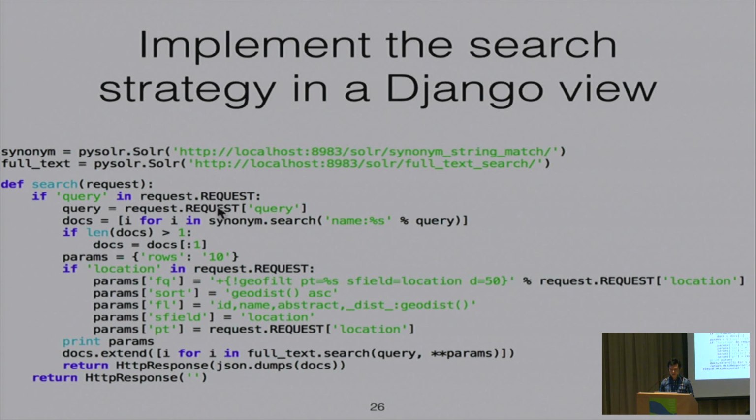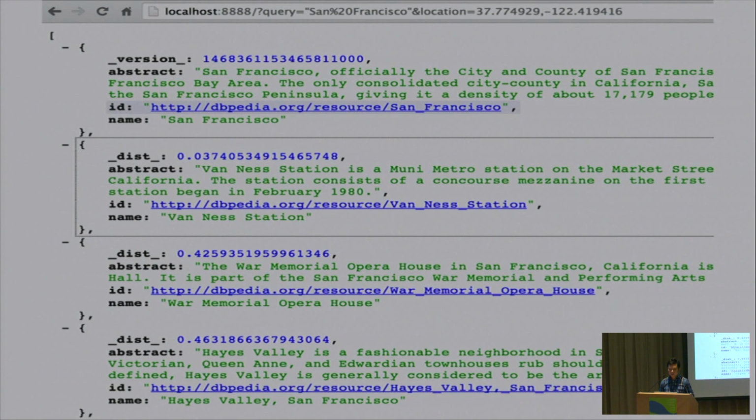We get the query from the HTTP request, and after that we query the synonym and then query the full text search index, and then return the result as a JSON string. So this is an example. We query San Francisco and also specify a point in San Francisco, and then we can get the result like this.